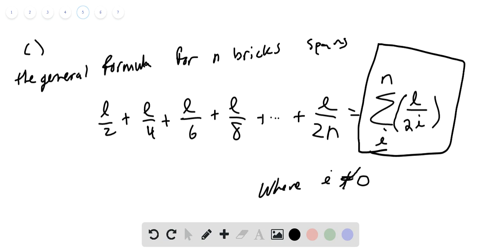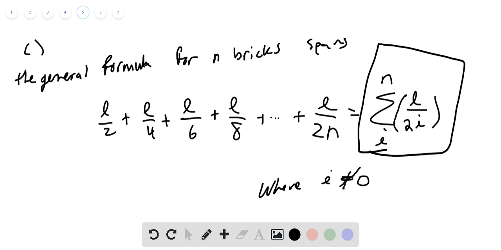So for the first one, for example, you have L over 2 times 1, and then L over 2 times 2, and then L over 2 times 3, and so on and so forth. And so once you notice this pattern, you can say that the sum goes on until L over 2n.